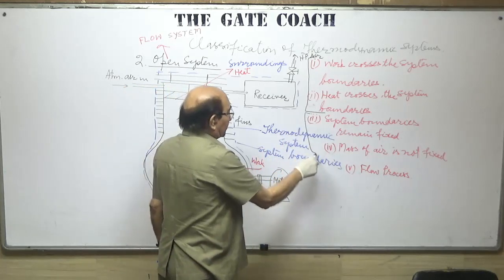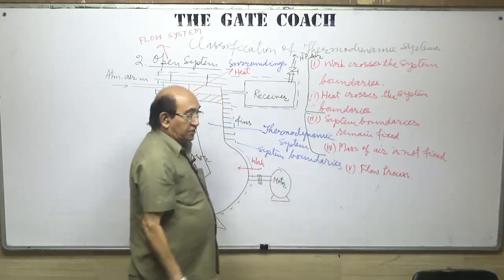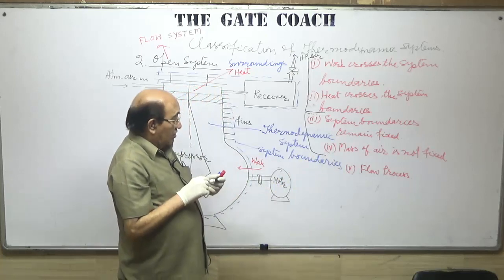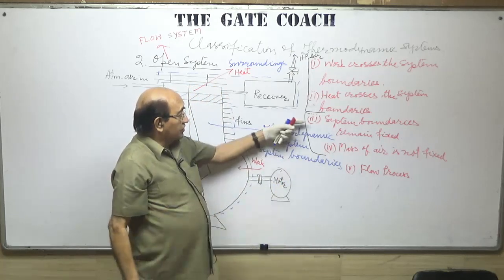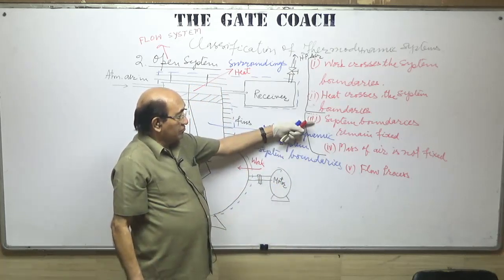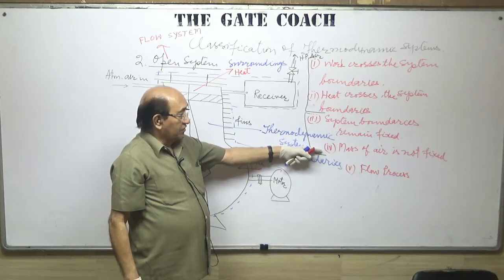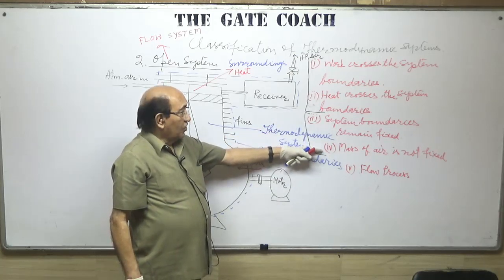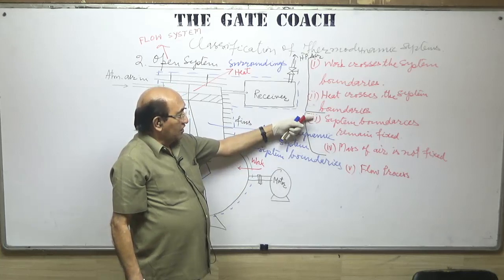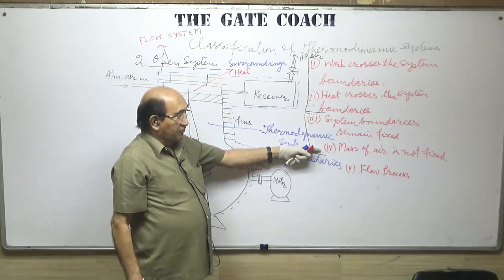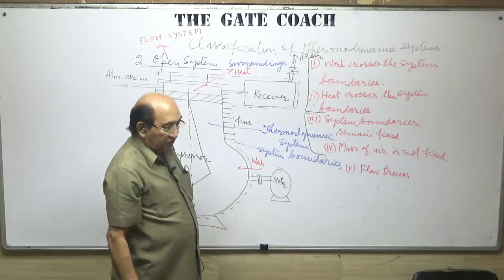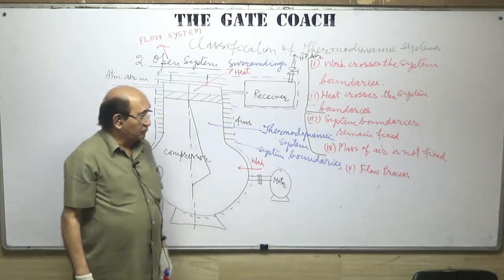Next 2 points, they are the points of dissimilarities. Earlier system boundaries were not fixed. Mass of air was fixed. Now system boundaries remain fixed where mass of air is not fixed. So these two are the points of dissimilarities.